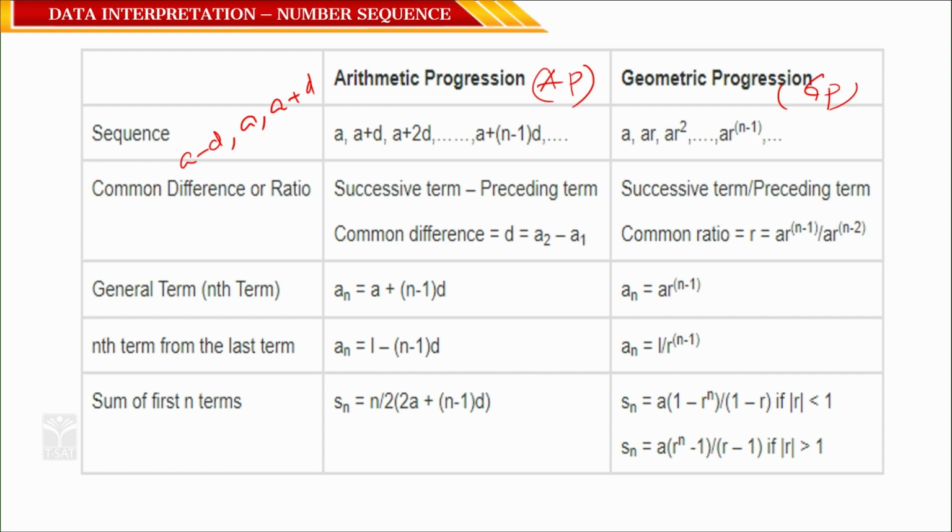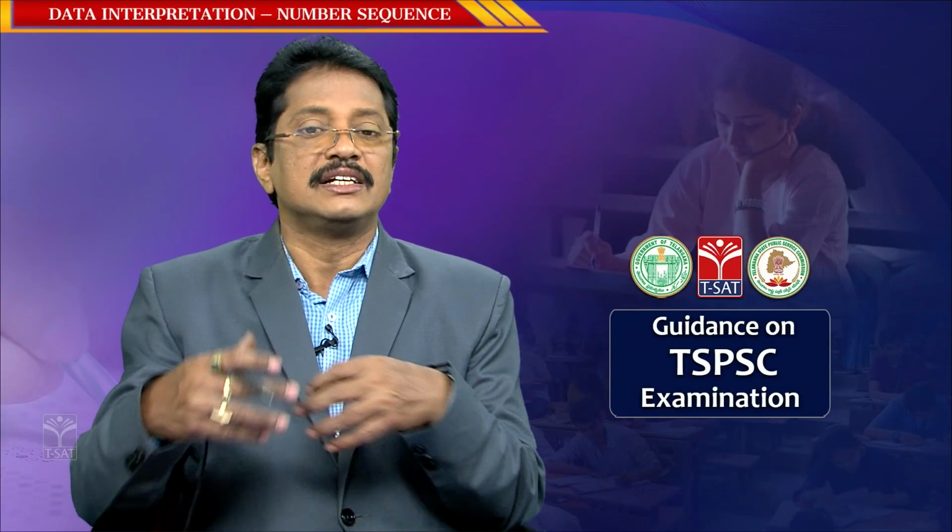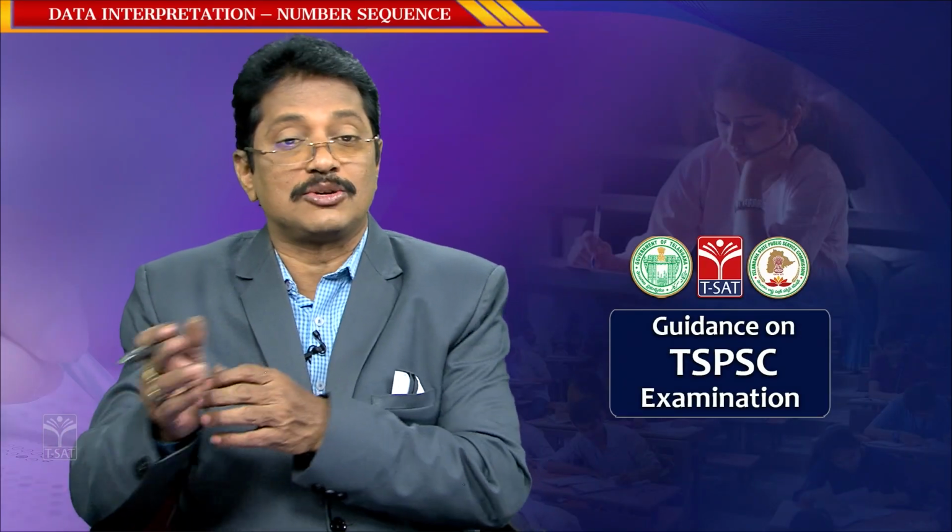When 5 terms are there, you can assume A - 2D, A - D, A, A + D and A + 2D. Like this you can assume it. Similarly, if you want to generate A, AR, AR square, AR cube, that is a geometric progression.